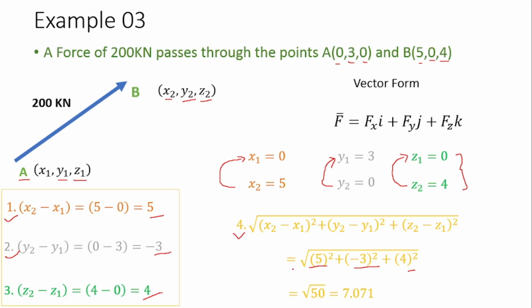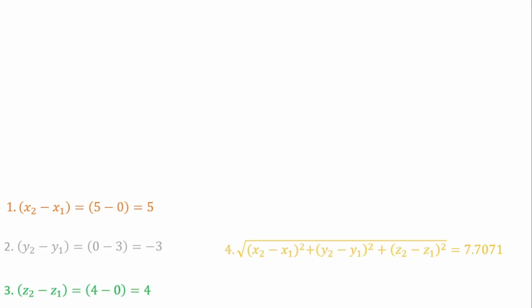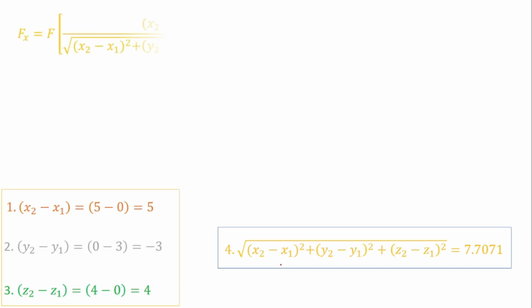So as we have got all the values, we can put those values in the given vector form. The value of Fx is equal to F into (x2 minus x1) divided by the square root of (x2 minus x1) square plus (y2 minus y1) square plus (z2 minus z1) square. So we have reduced this complex calculation into a simple calculation as we have already calculated the value of x2 minus x1 and the square root.